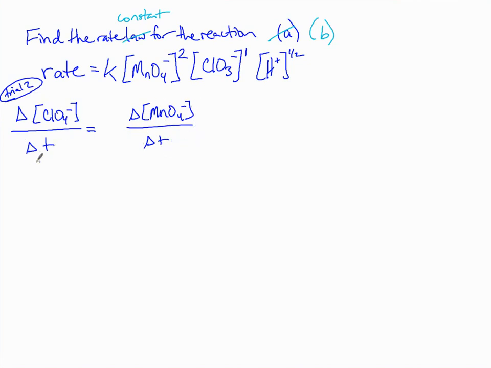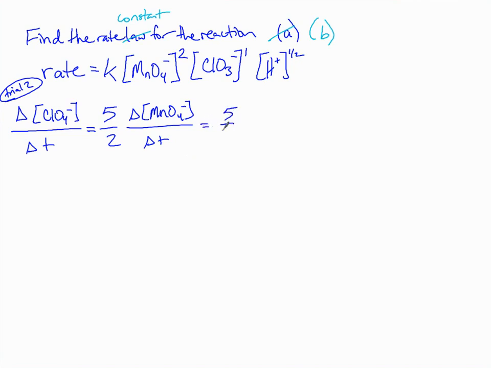This is the rate of appearance of chlorate. And it comes from the mole ratio. If you look up to the top, sometimes it's ClO3, sometimes ClO4. Oh, here we go. So the mole ratio, there are 5 ClO4 minuses for every 2 permanganates. And so we multiply the rate of disappearance of permanganate by 5 halves.